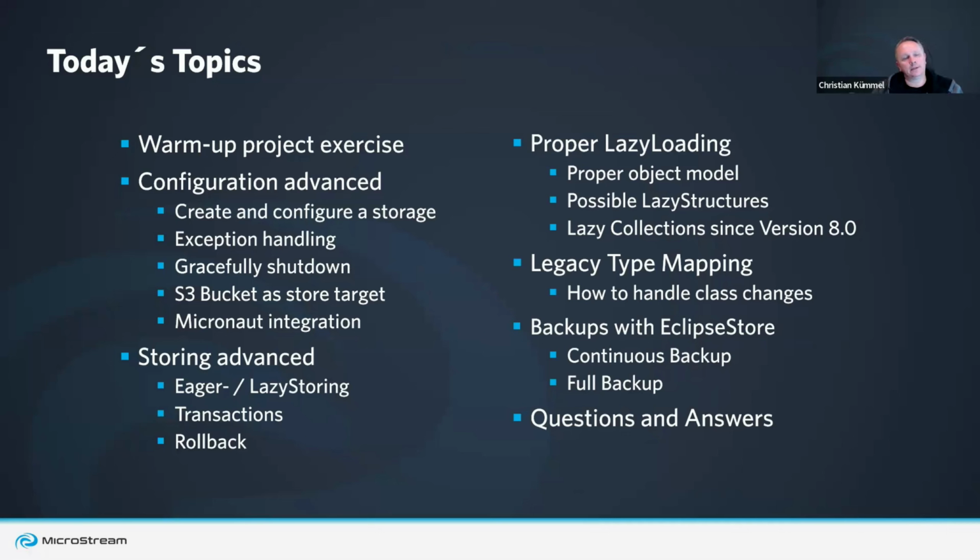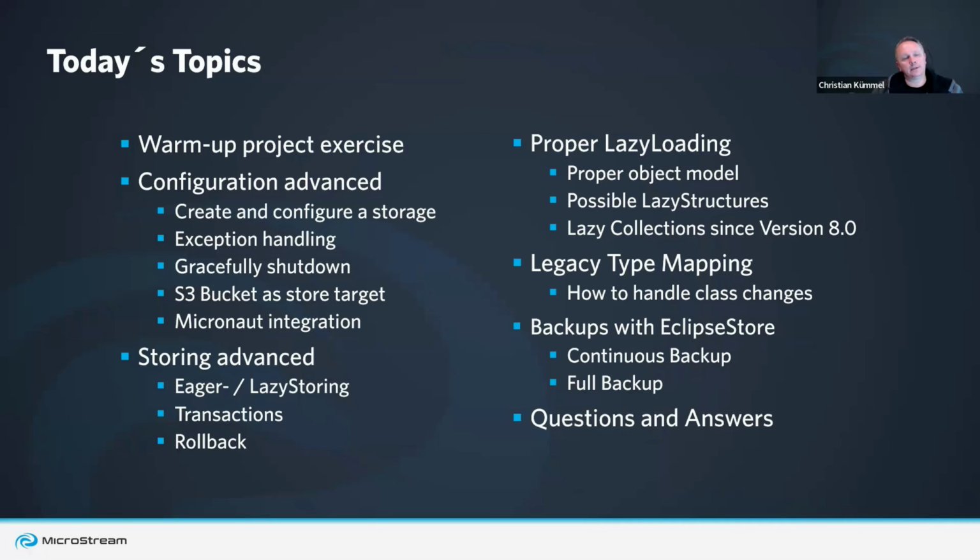And the point is, EclipseStore keeps most of the data in memory, except the lazy parts of the graph. That means there are some points where we are able to adjust which data is needed all the time in memory and which could stay on the hard disk as long as it is needed. So that's an important point. There is no data mapping anymore.